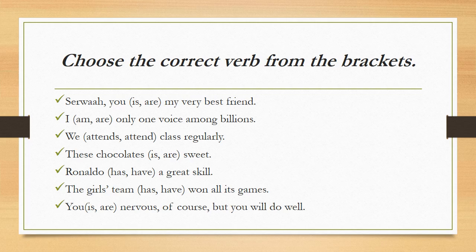You are supposed to select based on the wisdom you have captured from what we discussed, to guide you to the appropriate selection of verb from the brackets. I am only one voice among billions.